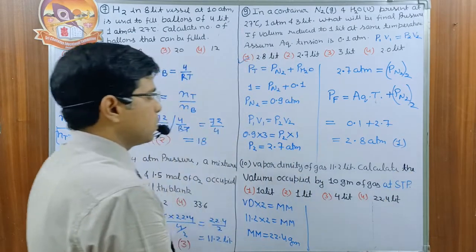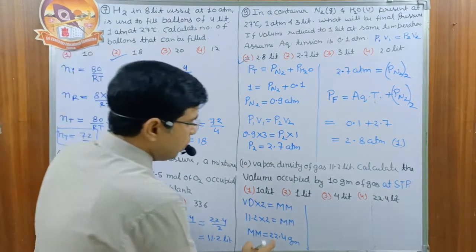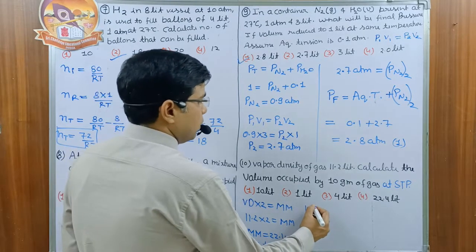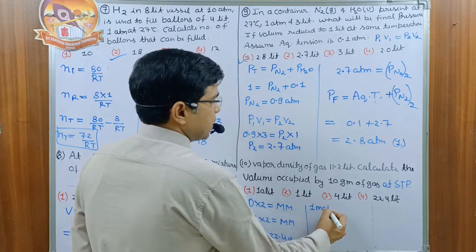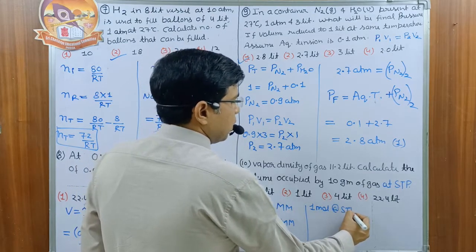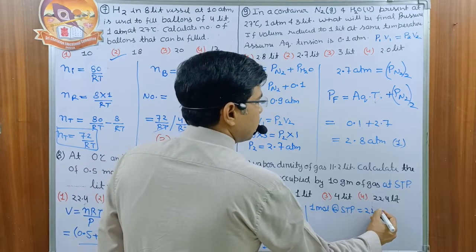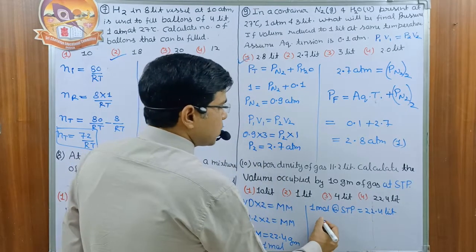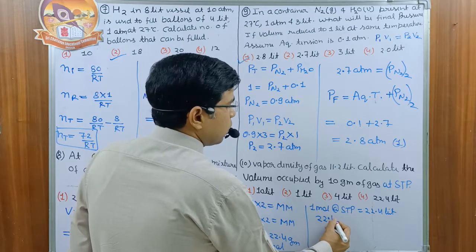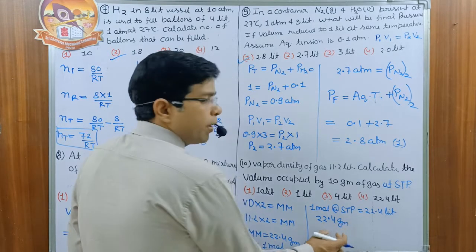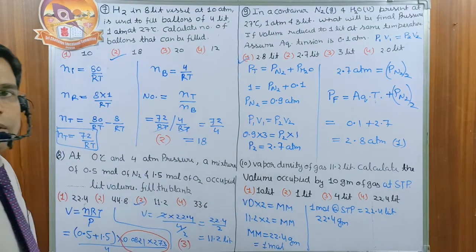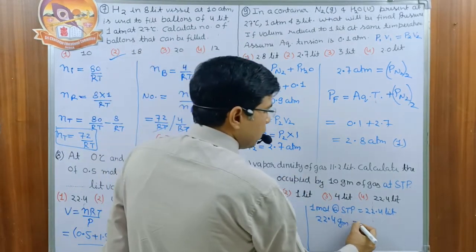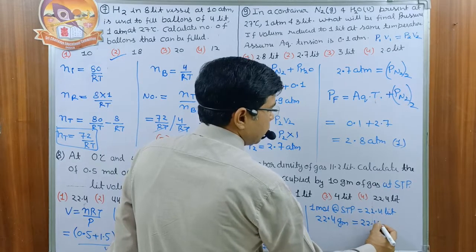So look, this is the molar mass. Molar mass is the mass of 1 mole. 1 mole of any gas at STP always occupies the volume 22.4 liter, and this 1 mole of the gas is equal to 22.4 gram. 22.4 gram is the molar mass of the gas, that is the mass of 1 mole, and 1 mole of the gas at STP occupies the volume 22.4 liter.